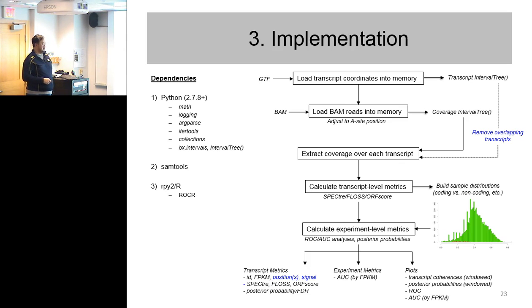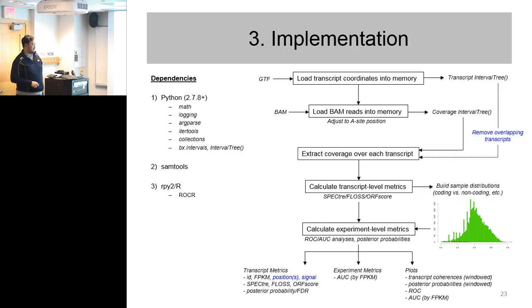I then removed overlapping transcripts as the Floss experiment did, where they removed overlapping transcripts as well as any transcripts within 5,000 nucleotides of each other. I then extracted the coverage over each transcript, and then calculated the SPECtre, Floss, and OR scores for them.